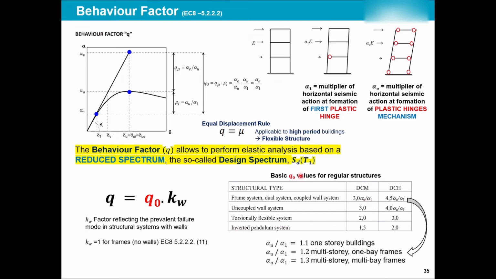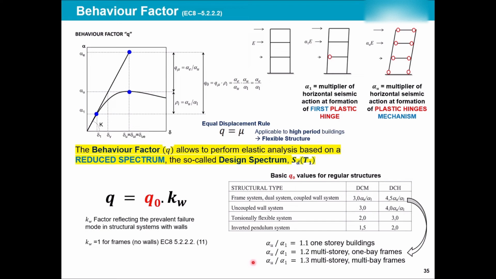All of these, which we will discuss a little more when we design our structure for steel based on Eurocode 8, have different values of the Q factor or behavior factor. For example, you can see that Eurocode suggests 1.1 for this ratio for a one-story building, 1.2 for a multi-story one-bay frame, or 1.3 for a multi-story multi-bay frame.